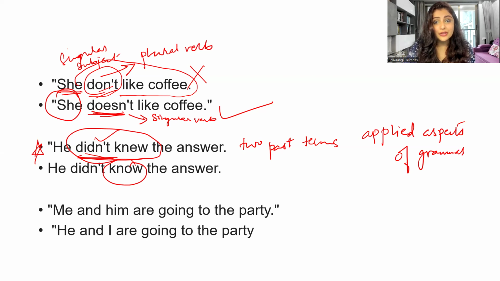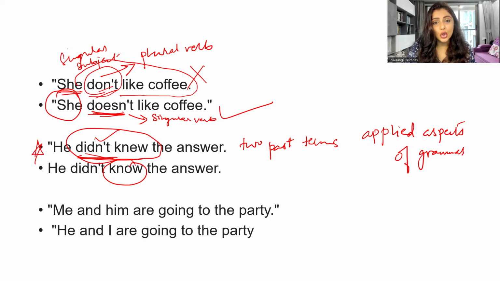In our schools, what we have learned is just the theory of grammar. What is a noun? What are the types of nouns? What are the types of tense? How do we convert from simple present to simple past or to present perfect? The kind of grammar that we have learned in school is just the theory of grammar.